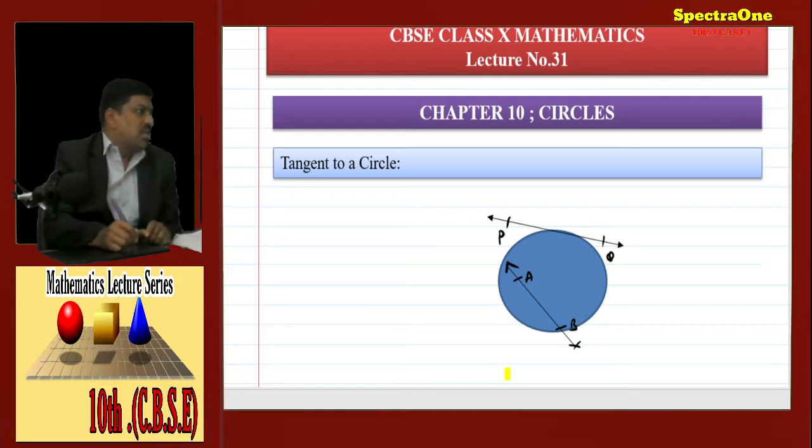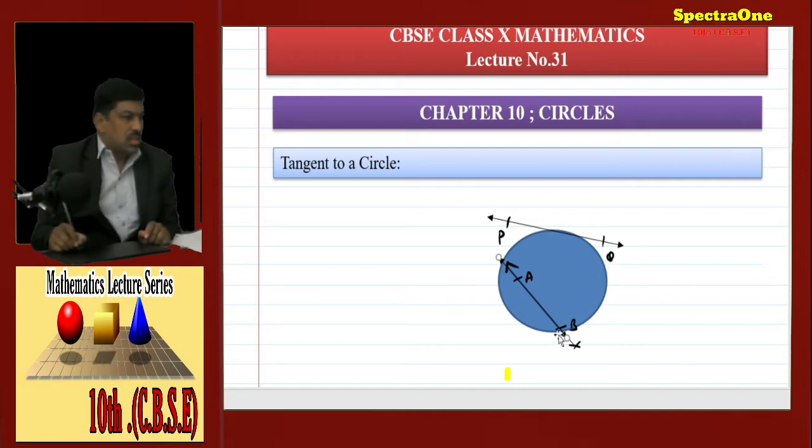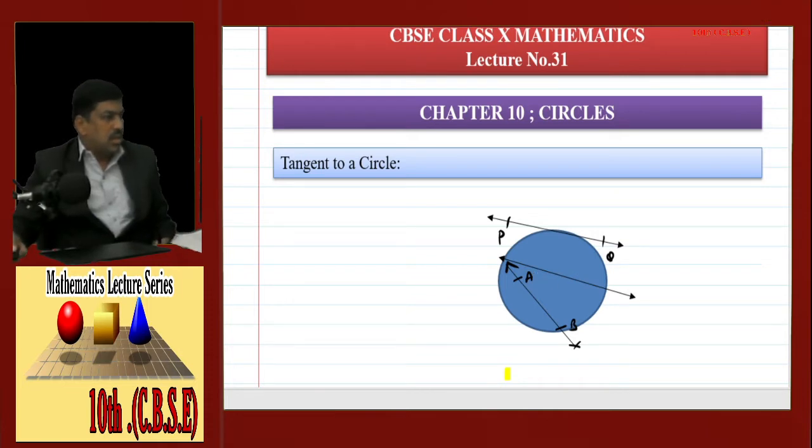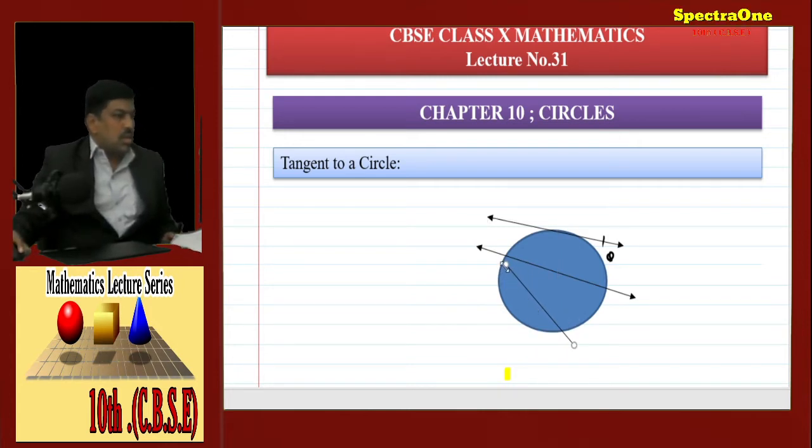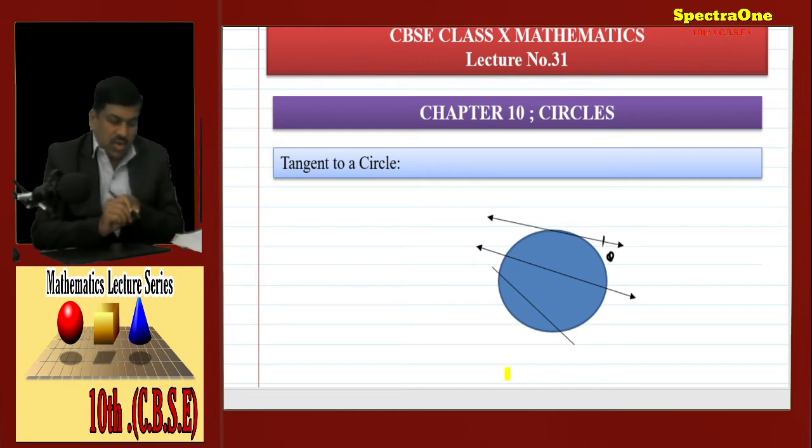If I draw one more line like this, suppose CD. These are some lines.